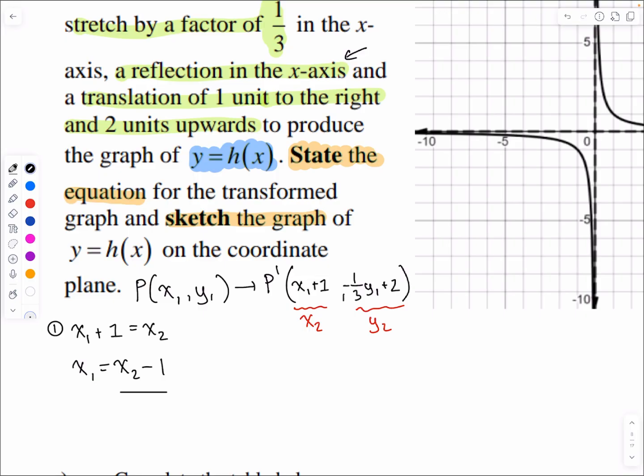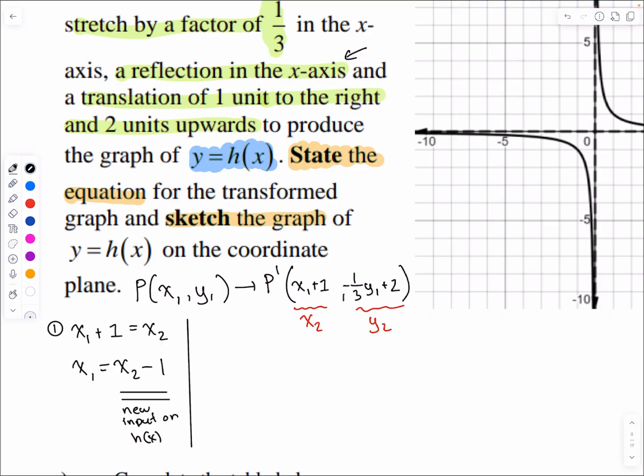We've undone what happened to x1, and now we have an expression in terms of x2, and this is actually going to be our new input on the h of x function. Okay, so let's keep that on the back burner.